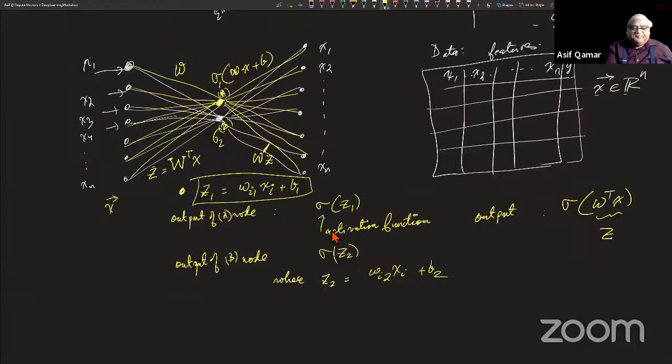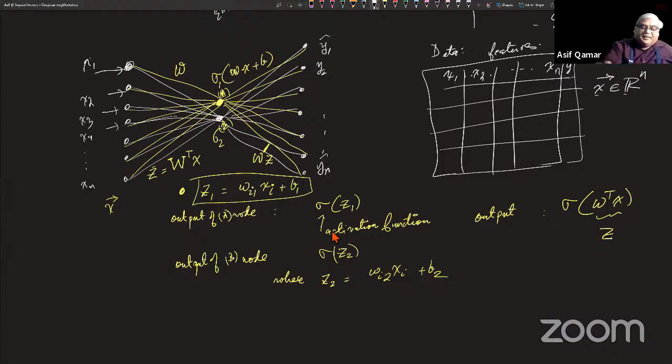So W prime is producing a vector of the same dimensionality as the input. Let me not use X1s here. Let me call them Y1, Y2, Yn. And these are your predictions. Remember, these are your Y hats.